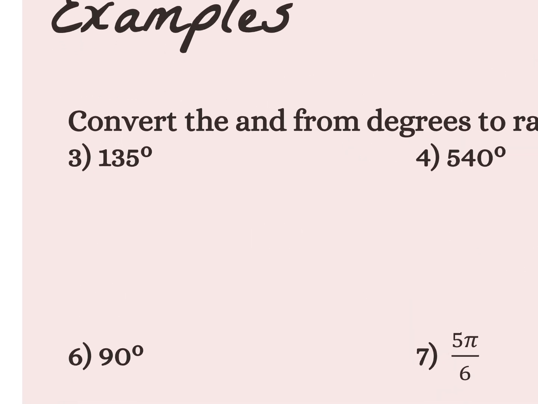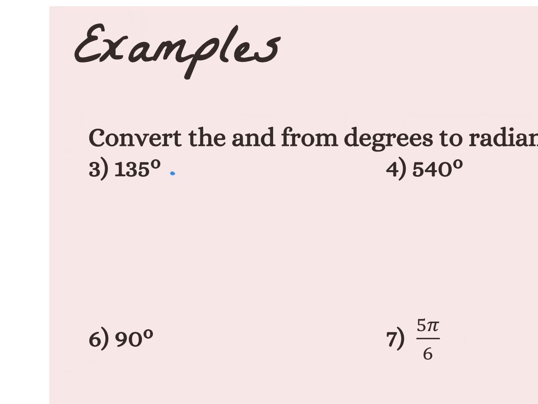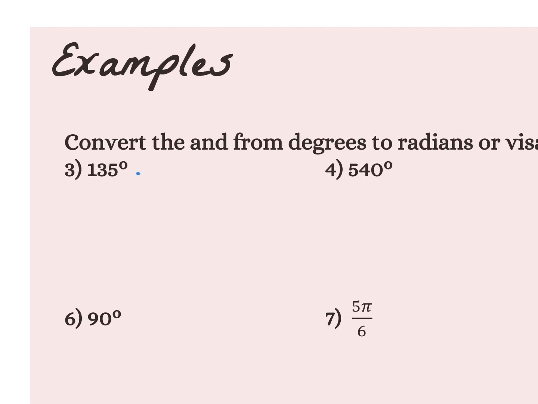All right, so this is in degrees. So let's convert it to radians, and to convert it to radians, I'm going to multiply by whatever has the degrees on the bottom. Again, a lot of you are in chemistry or have taken chemistry. Think of it like a mole to gram or gram to mole conversion. If we're trying to get rid of degrees, I'm going to put degrees on the bottom. So pi over 180 degrees, you can cross out your degrees, and then you end up with 135 pi over 180.